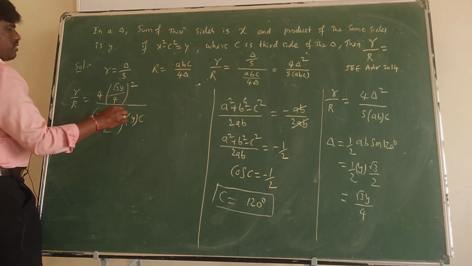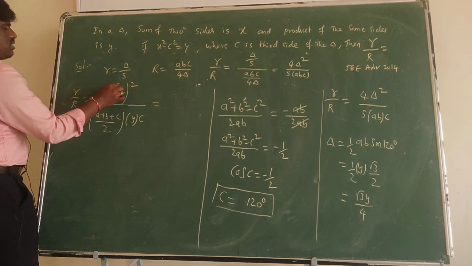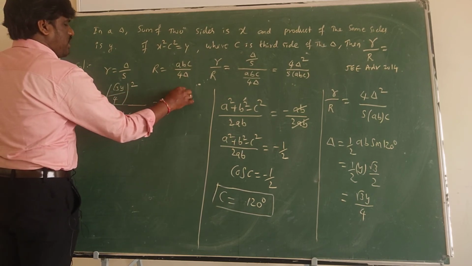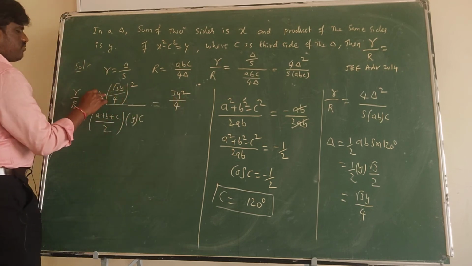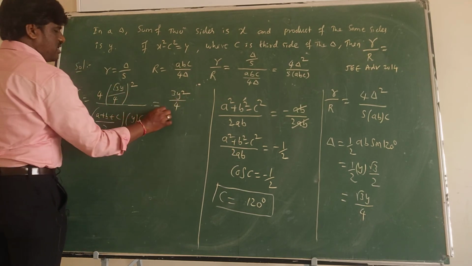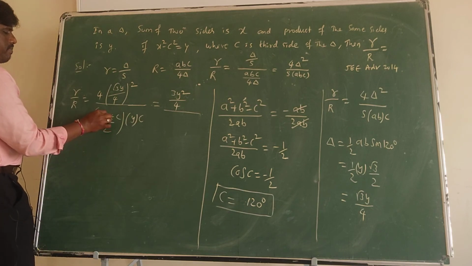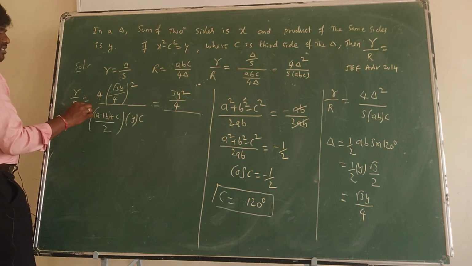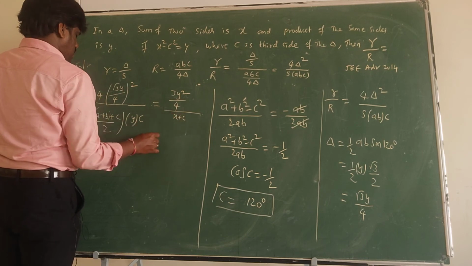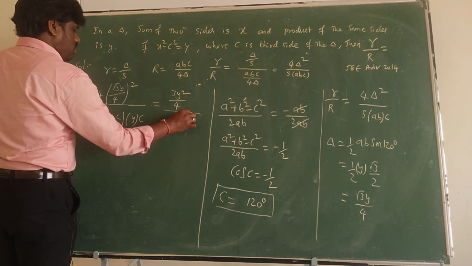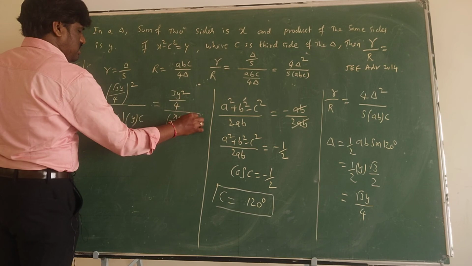Here I get 3y squared by 4, because 16 and 4 cancel out, divided by a plus b, which is x, so x plus c by 2 into yc.